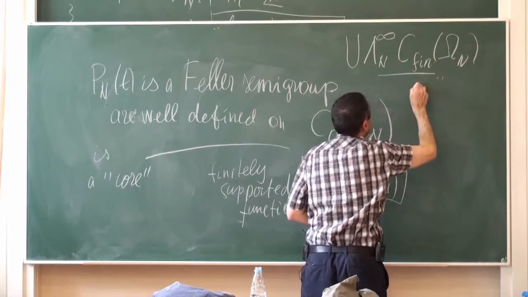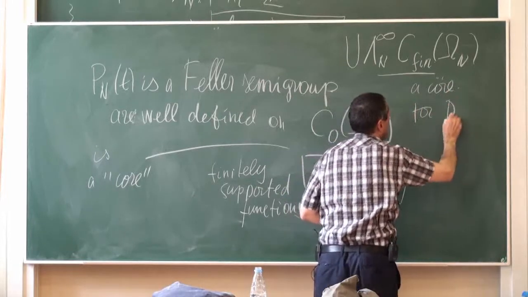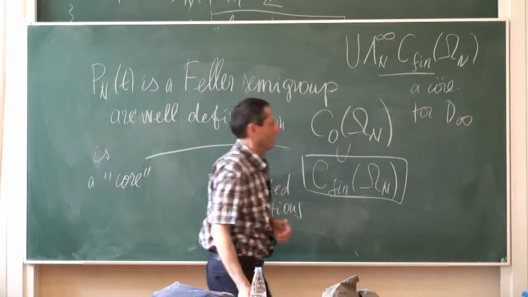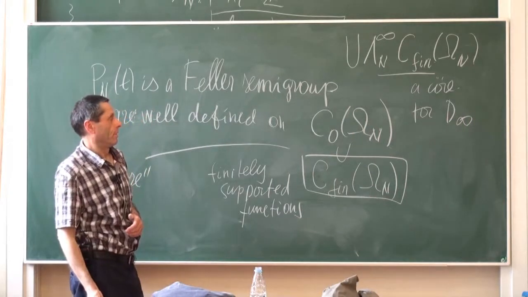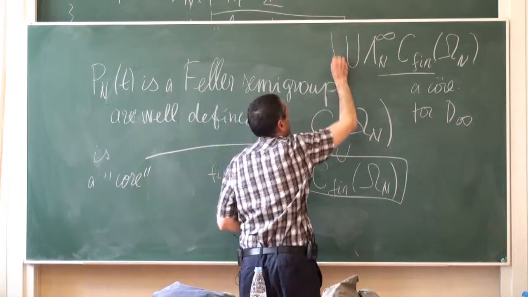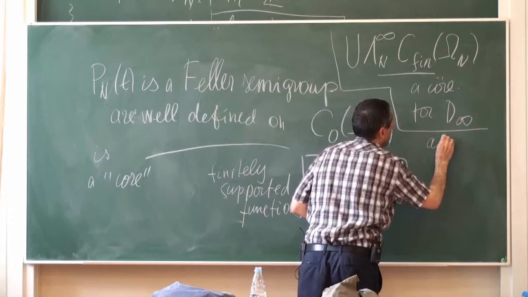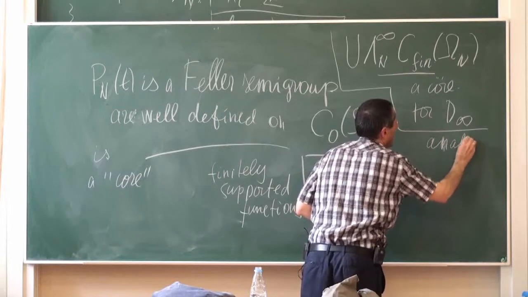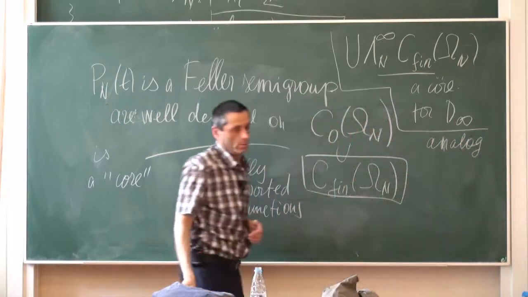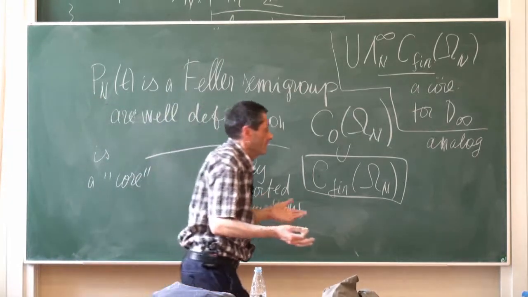This space will be a core, an essential domain for the generator of the boundary semigroup. And this space can be viewed as an analog of a space of polynomials. I did not define what is my omega.